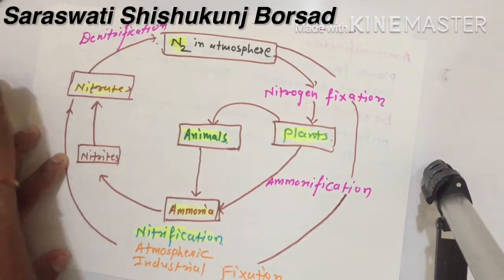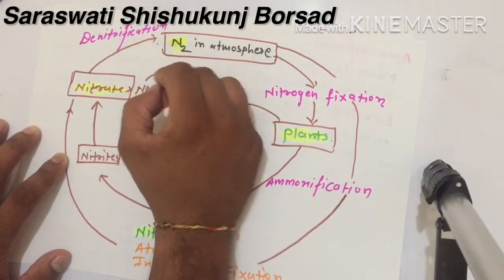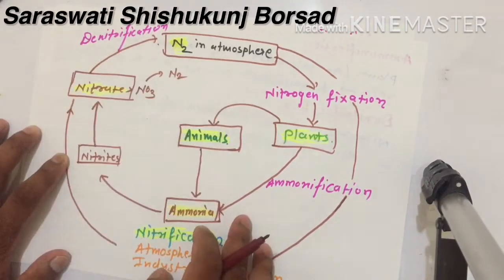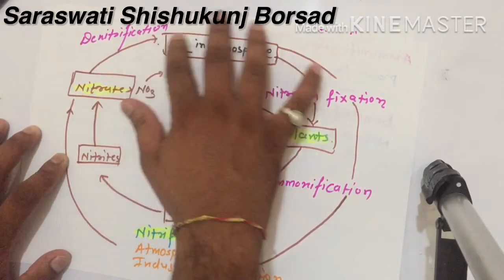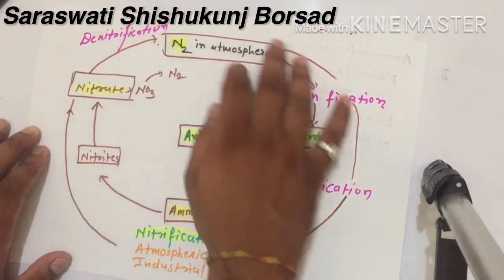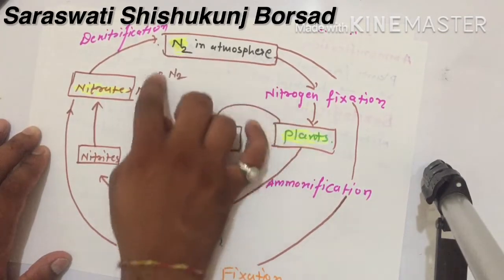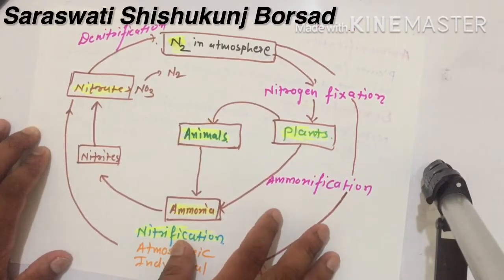Nitrates means NO3 ions, which get converted into nitrogen in the process of denitrification. So it starts from the inert nitrogen, passes through the whole system, and we get back dinitrogen, the inert nitrogen. So this way our nitrogen cycle is completed.